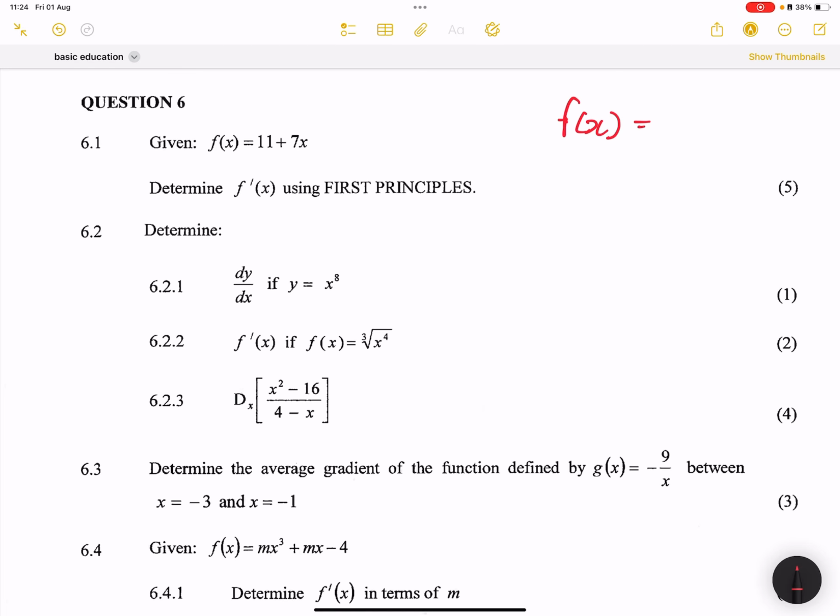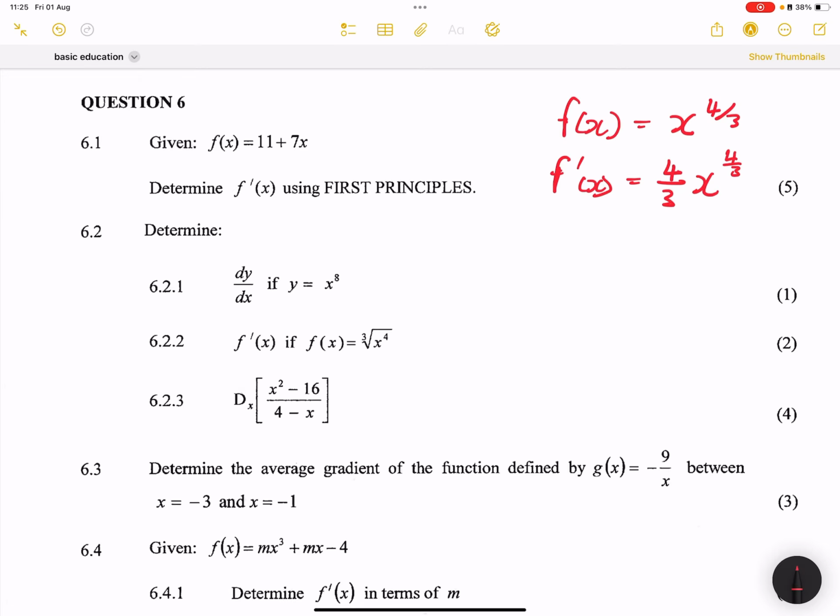That would be x to the power 4, but remember that this root becomes the denominator of the fraction. So x to the power of 4 over 3. So f prime of x will be 4 over 3 x to the power 4 over 3 minus 1.